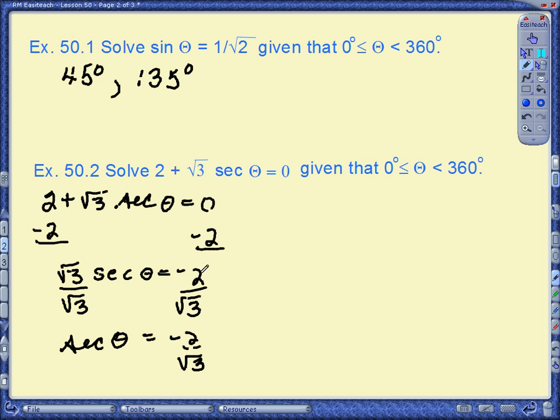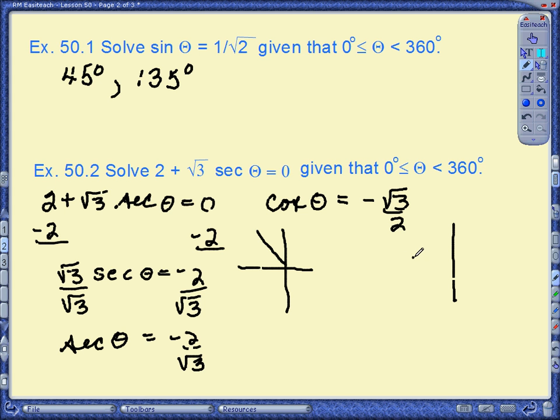Well, secant is one of our reciprocal functions, and it's the reciprocal of cosine. So if we know that the secant of theta is negative 2 over root 3, we know that the cosine of theta is negative root 3 over 2. And we have to figure out what we have here. Okay, well, cosine is negative in this quadrant, and it's also negative in the third quadrant.